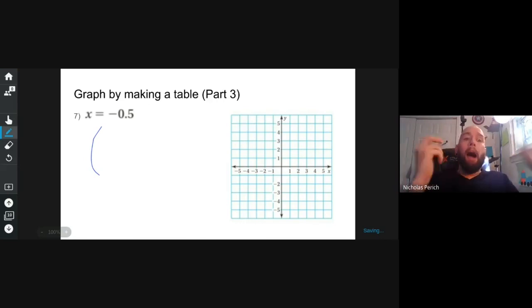So if y was 5, then I would have negative 0.5, 5. Remember, points are in the form x, y.